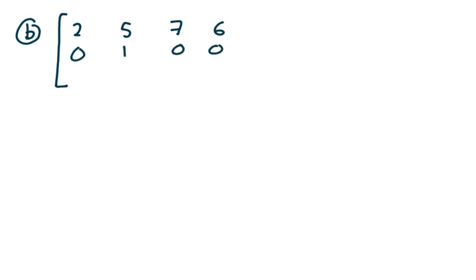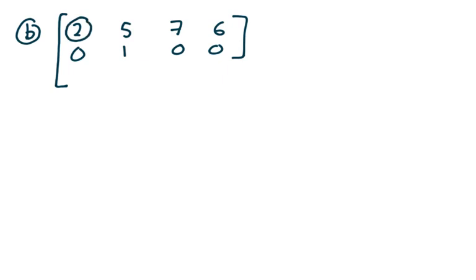Here's another example of a matrix not in row echelon form. We have 2, 5, 7, 6, 0, 1, 0, 0. This is not in row echelon form because the entry in the first row is a 2 and it's not a 1.